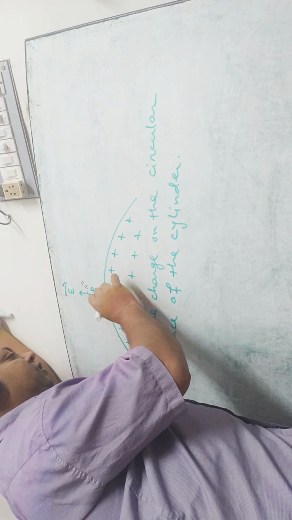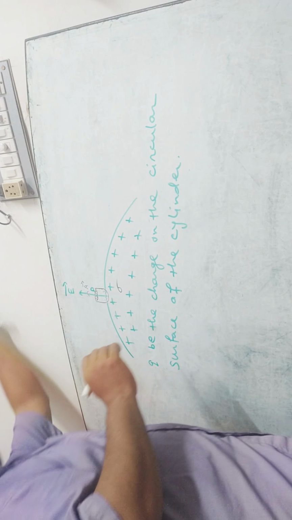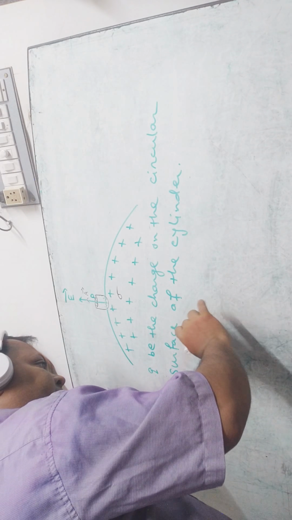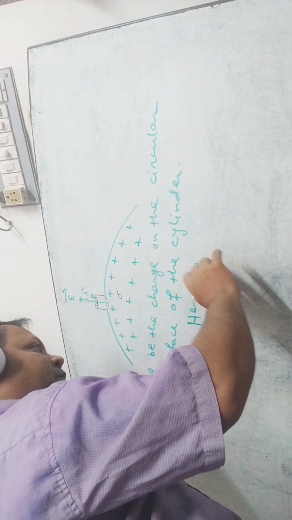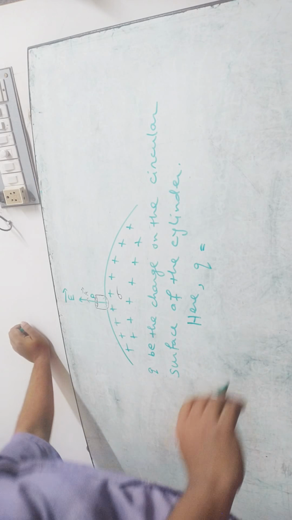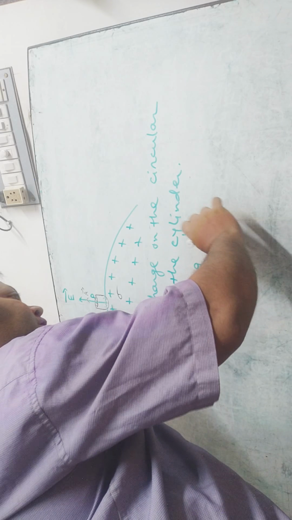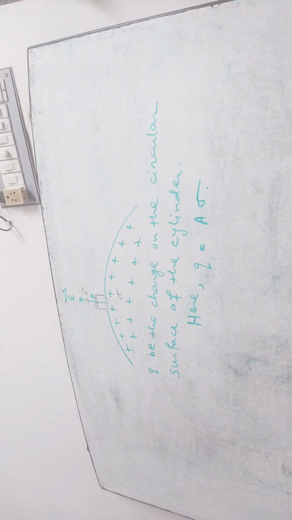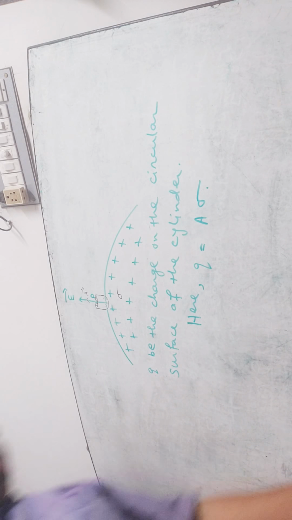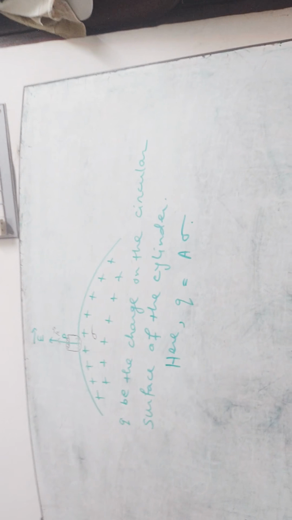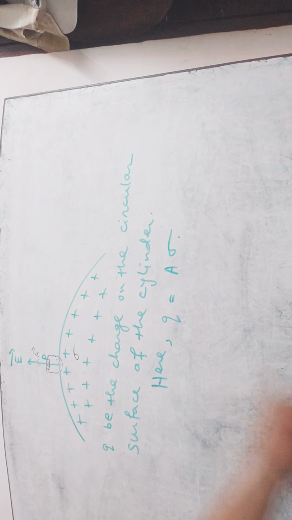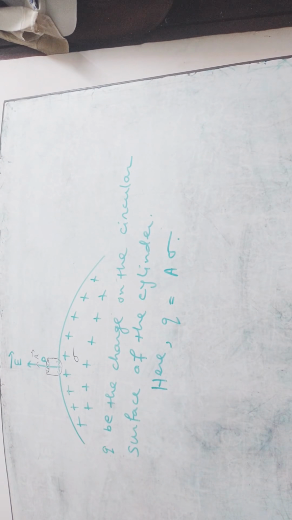This portion of the cylinder contains the charge. Here q is equal to A into sigma.